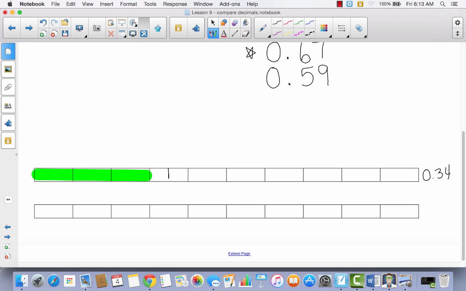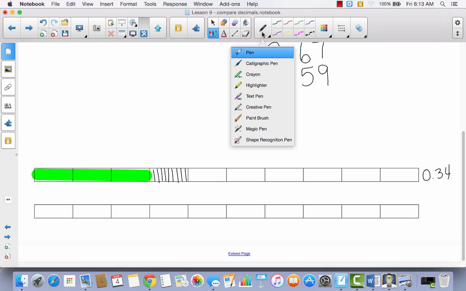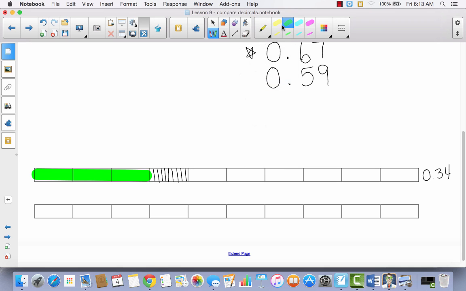So let's divide this into 10 parts. Okay, so I'm going to shade 4 of those. 1, 2, 3, 4. These are so small. Okay, so this is 34 hundredths.